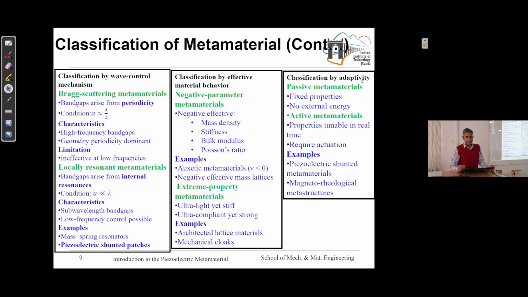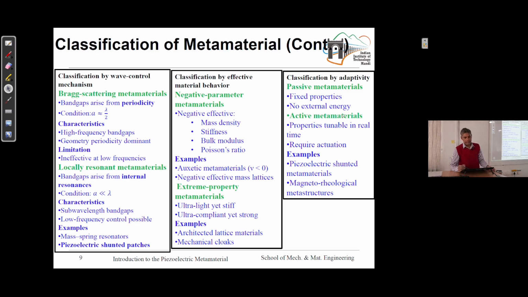Classification by adaptability: we have passive metamaterials and active metamaterials. In the case of passive metamaterials, we cannot change the properties. Suppose we have rho equal to 0, for example. Then we cannot change this again when the system is under operation.